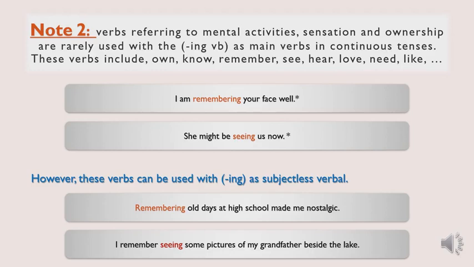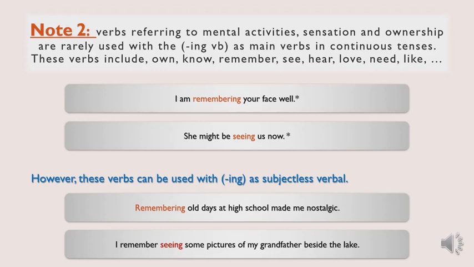She might be seeing us now. It is wrong to say so. It is grammatically incorrect. We have to say she might see us now to make it grammatically correct.